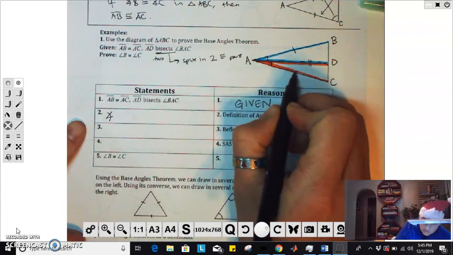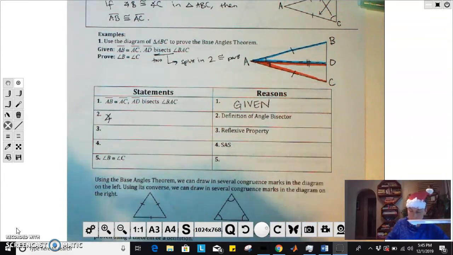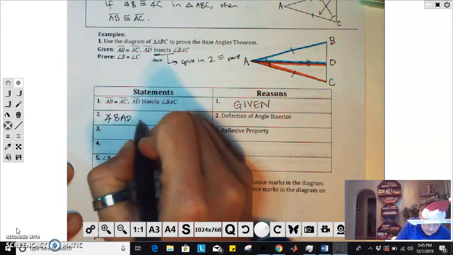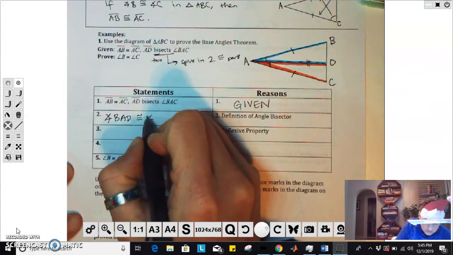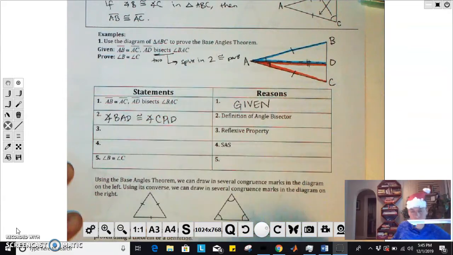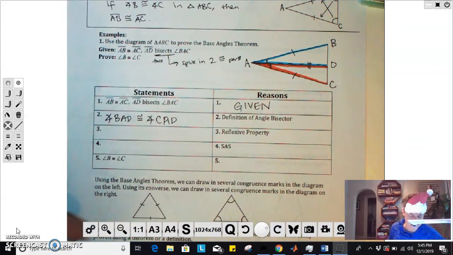Angle BAD congruent to angle CAD. Oops, CAD. That's an A. That's totally an A.